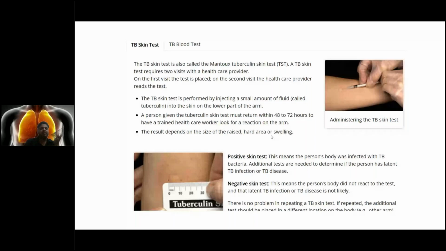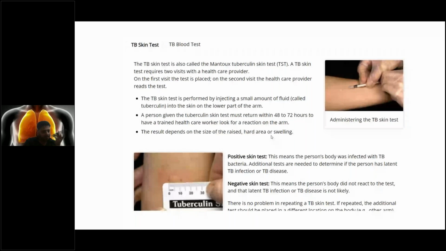So if this test is done in any individual in India, you will get it positive. In the Mantoux test, we usually inject PPD, 0.1 ml, in the lower part of the arm.